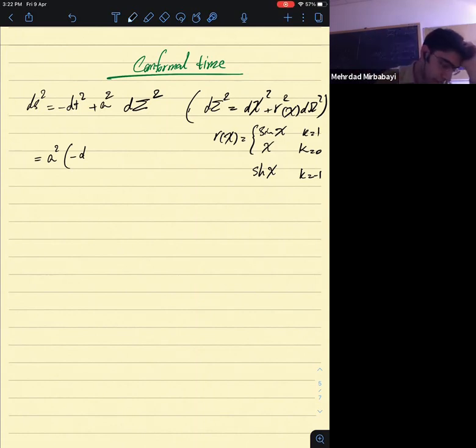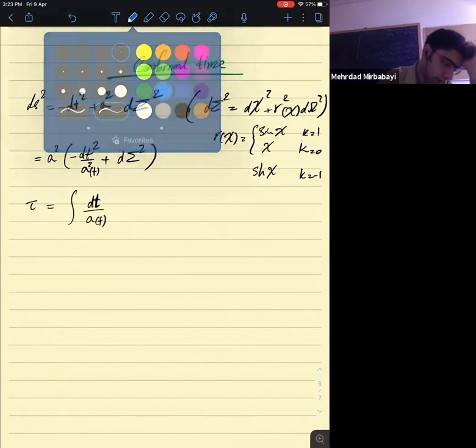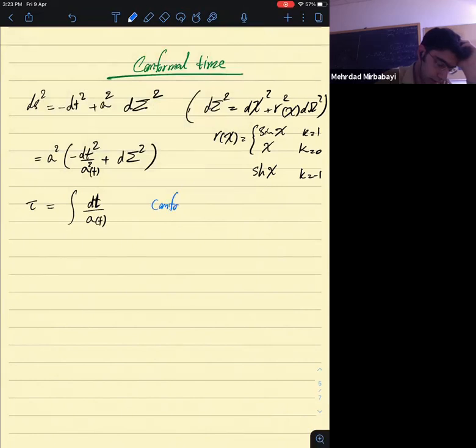So I factor out the scale factor, and I will have dt squared over a of t squared. This is very easy to do in FRW cosmology. I only need to define the conformal time tau as the integral of dt over a of t. So this quantity is called the conformal time.